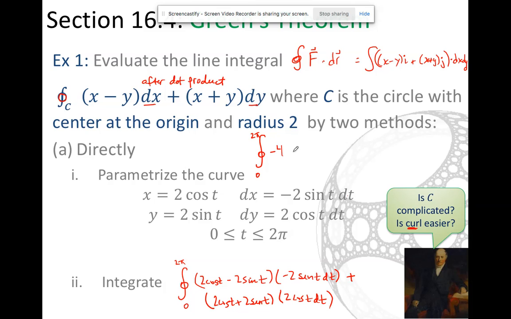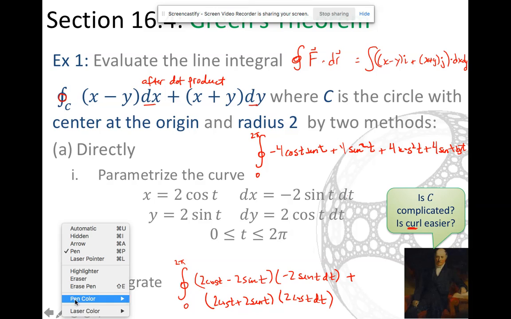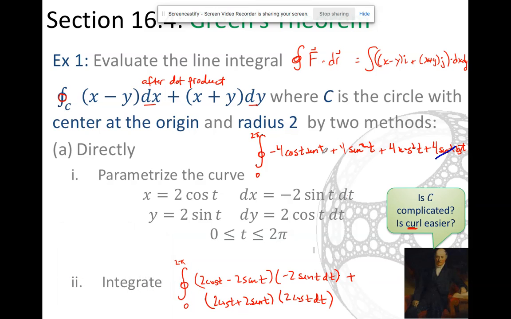I get -4 cosine sine, and I hope you can see that these two terms go away. Factor out the 4. Sine squared plus cosine squared is just 1.